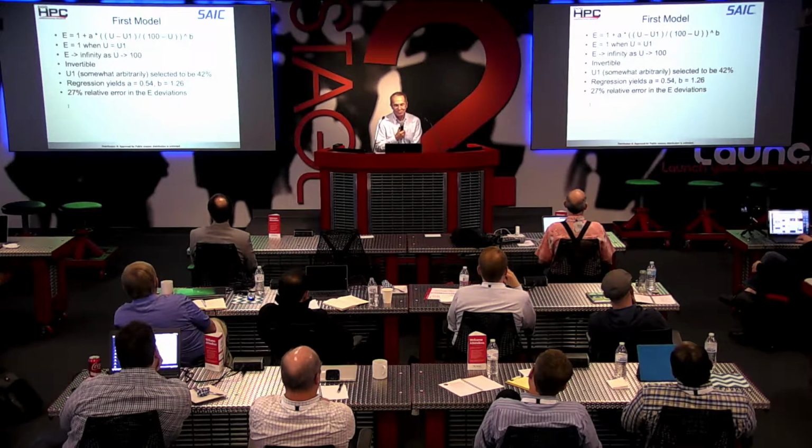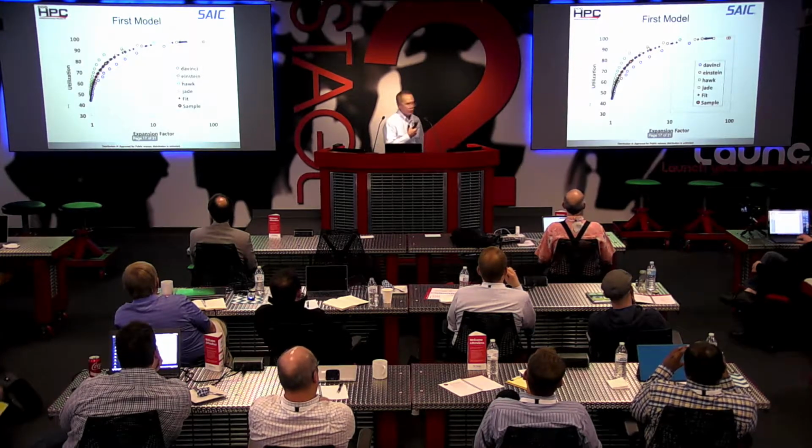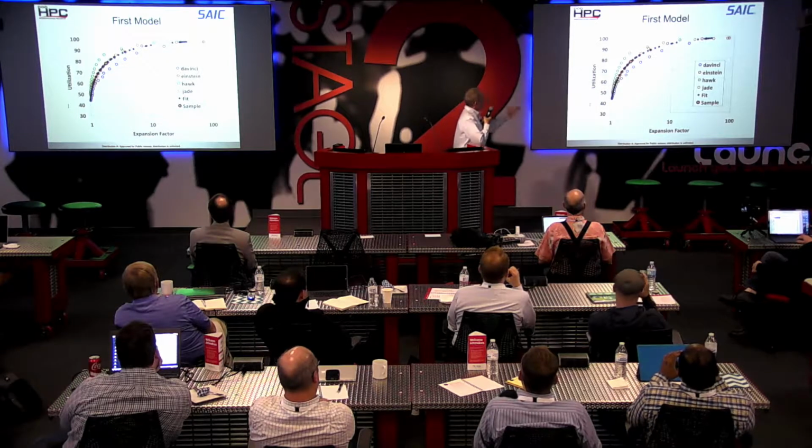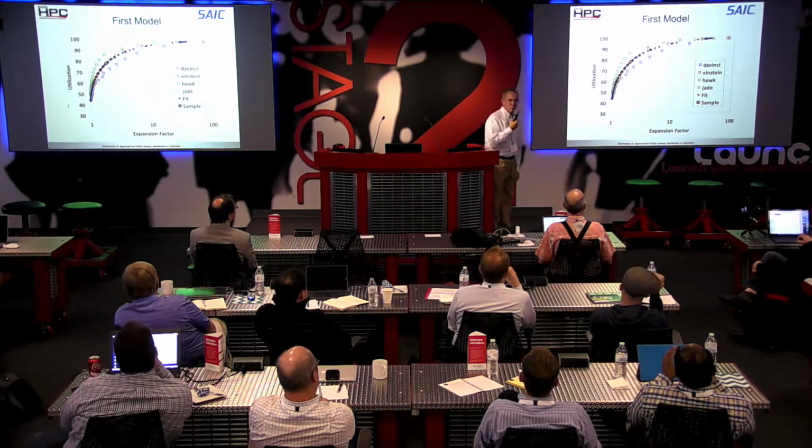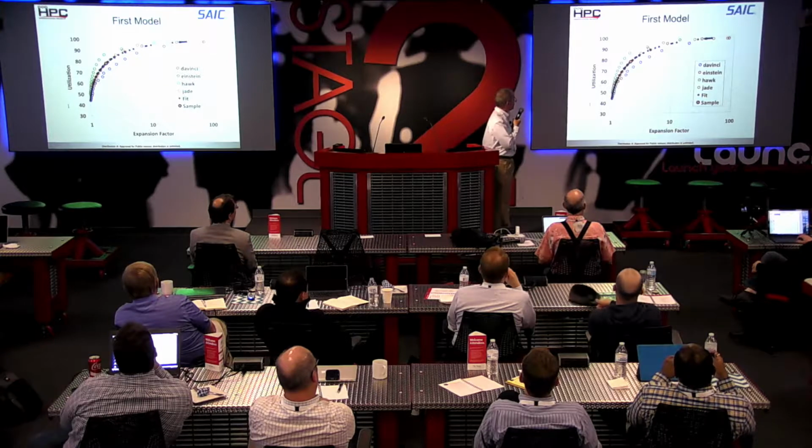I won't explain it endlessly, but we ended up with E as a function of U, and we've got about 27% relative error. As you can see from the data, that's pretty much unavoidable. There's no way you're going to fit that data exactly, but you can get pretty close.